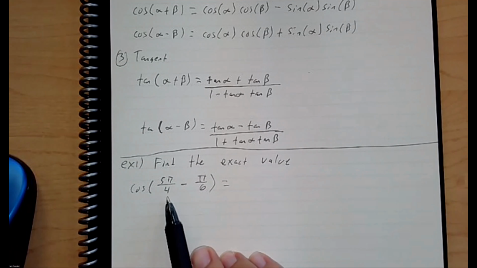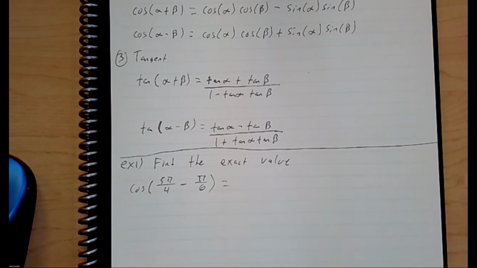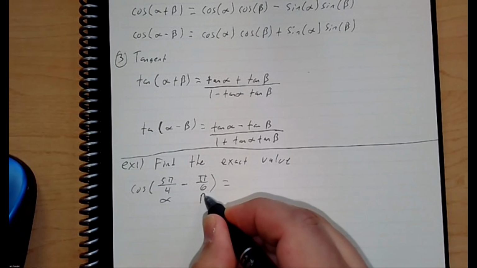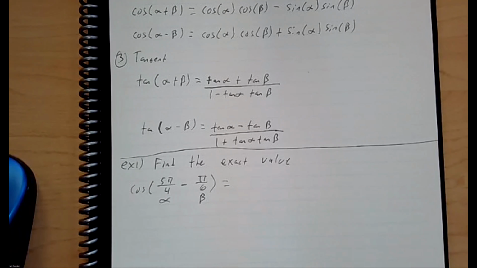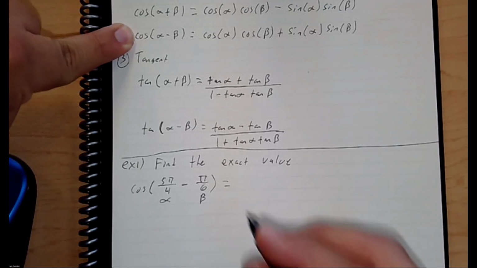This is 5 pi over 4, pi over 6. So this is my alpha, this is my beta. We have a difference for the cosine, right? So use this one.